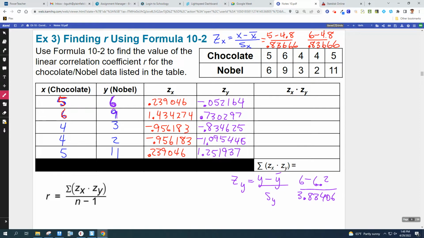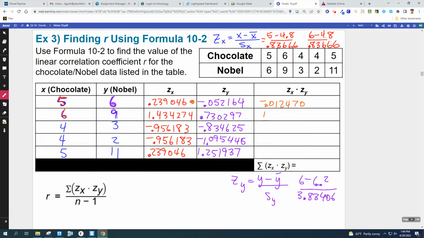I think that's more complicated than what we did on the last example. But anyway, I found those. And then in that last column, I need to multiply the zx times the zy's. So this times this, right? And we're going to get negative 0.012470.